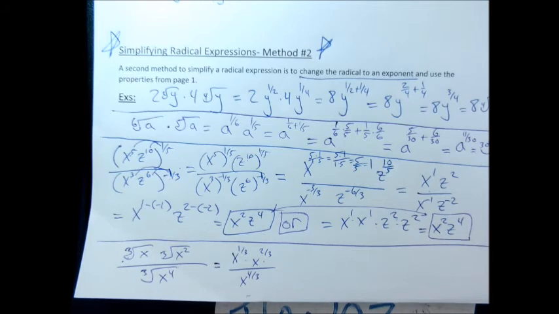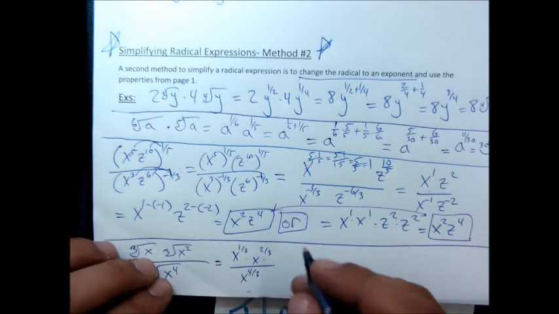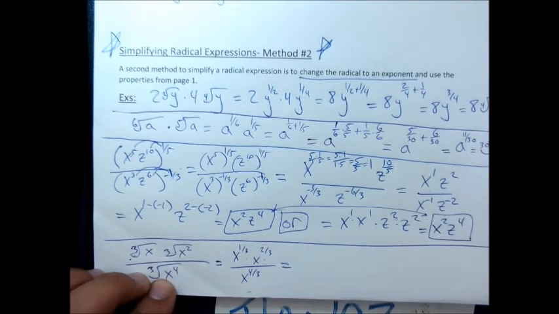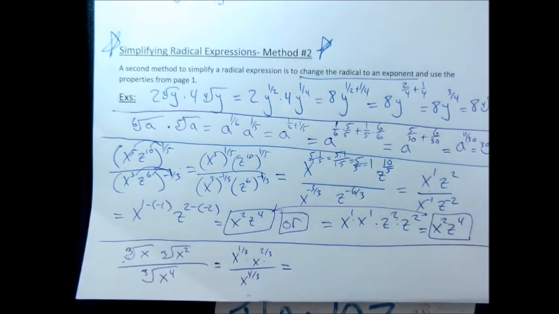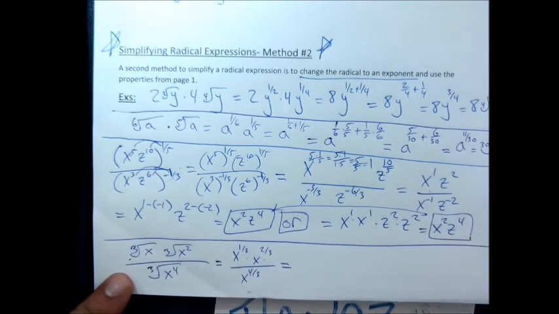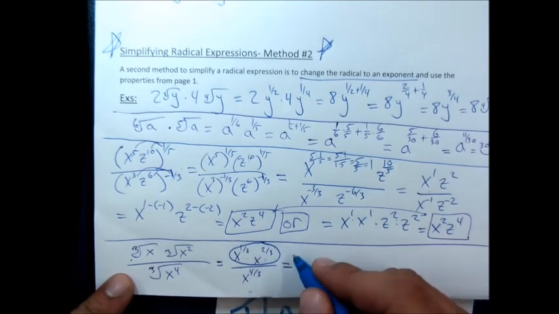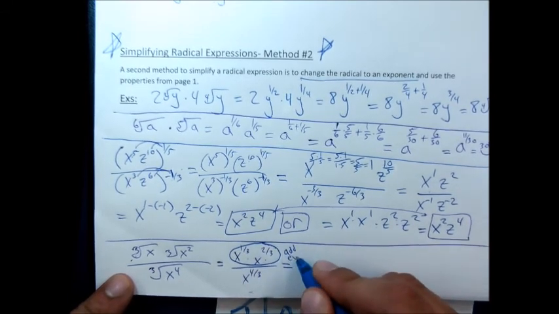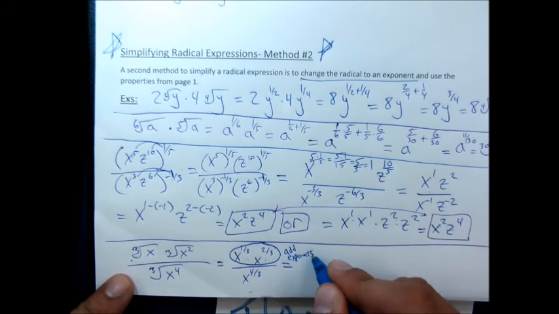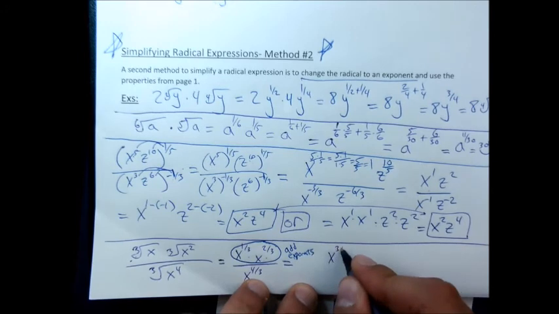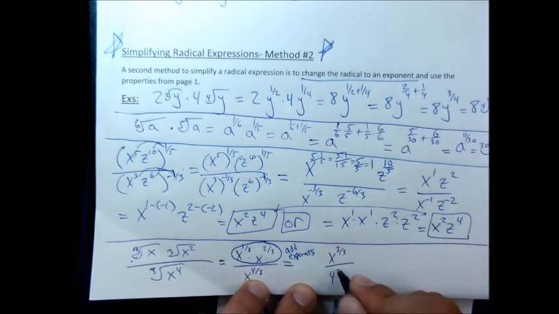All right, let's take a look at this one. So the first thing I was thinking of doing was adding the exponents on the numerator. Did anyone subtract first? You can, but I think the most obvious thing to do is to add the exponents. And so we'll end up with x to the 3/3 divided by x to the 4/3.